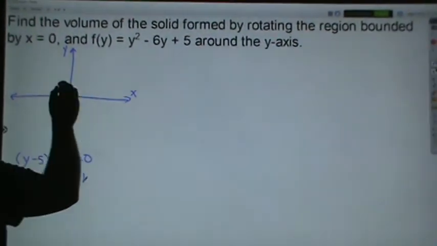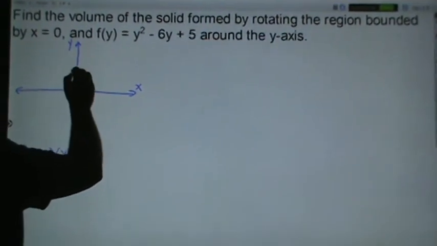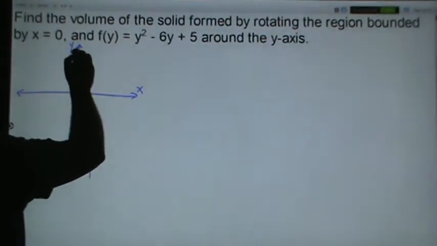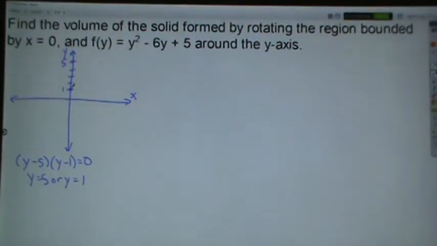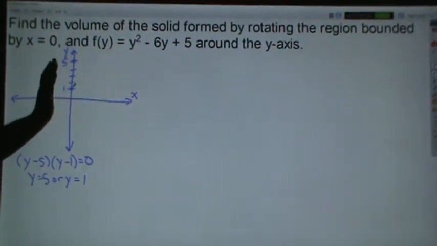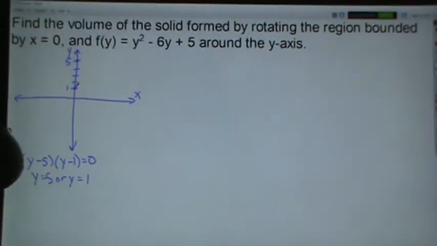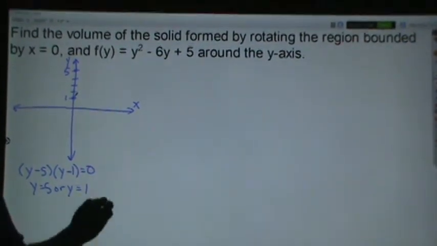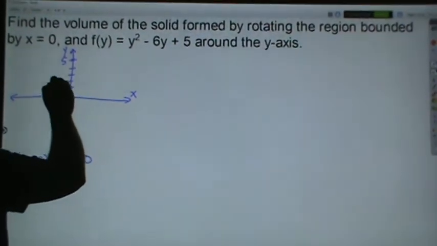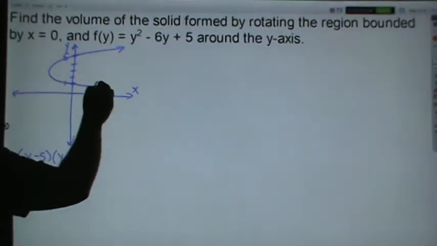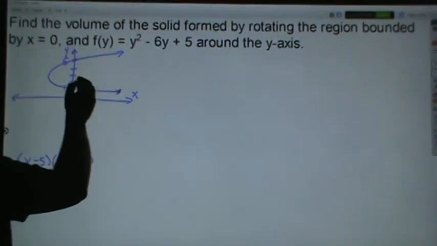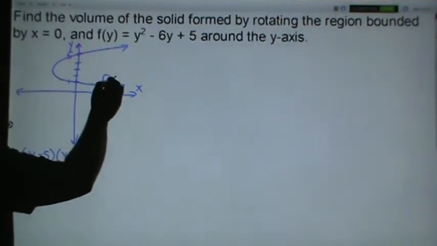So that means that I have to hit the y-axis at 1 and 5. Since it's positive, it's going to open upwards toward the positive x values. So I could draw a parabolic curve that opens to the right and label it f of y.